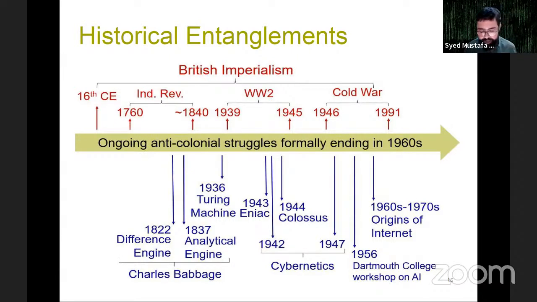Thus, I suggest that the histories and geographies of computing and colonialism are entangled insofar as the origins of computing are tied to European, Western imperial projects and militarized, industrialized contexts whose legacy system effects persist in the contemporary post-colonial era.